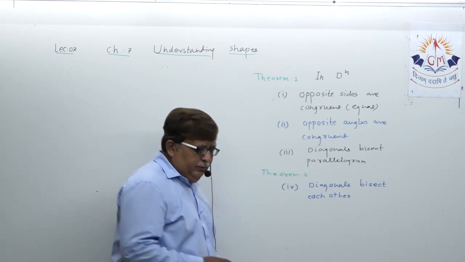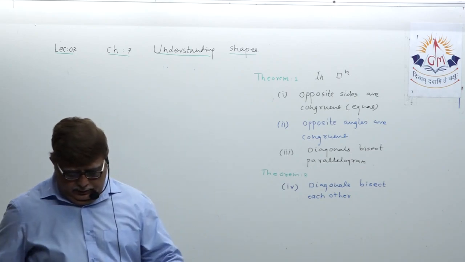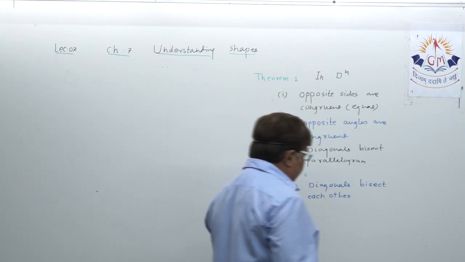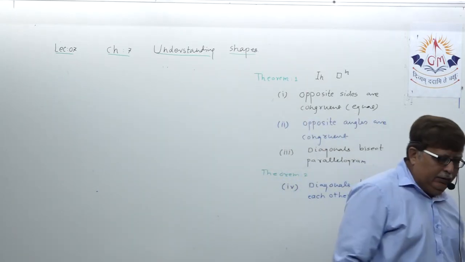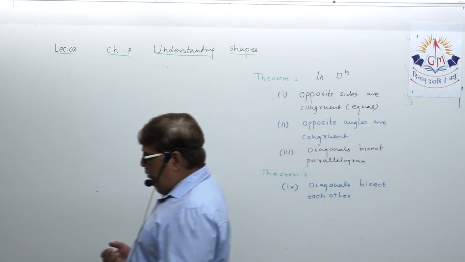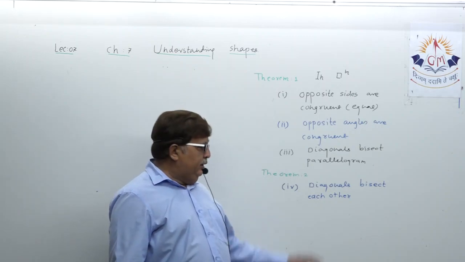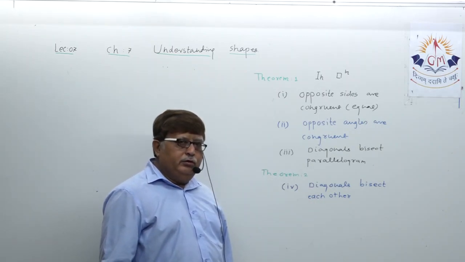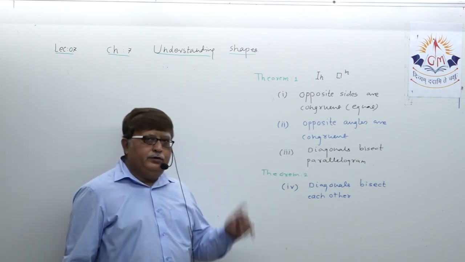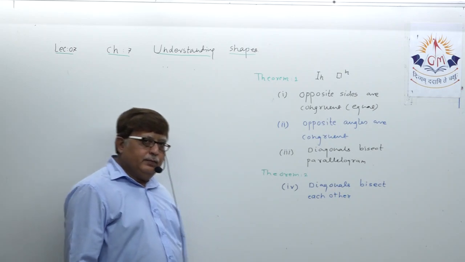This is, characteristically speaking, the fourth property of parallelogram. Understand? Actually, in 8th standard, you are proving them as a theorem. You have to permanently remember all these properties of parallelogram. First, opposite sides are equal.